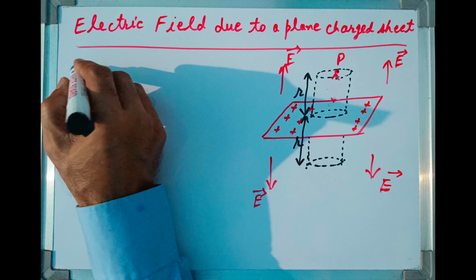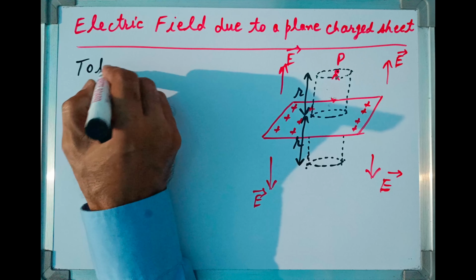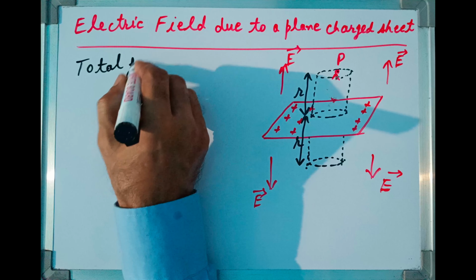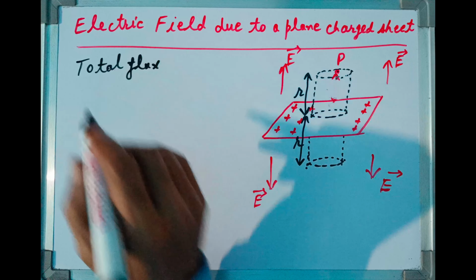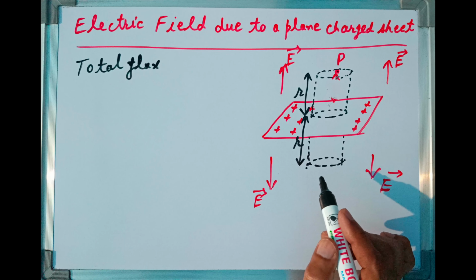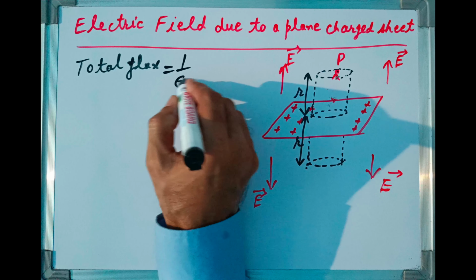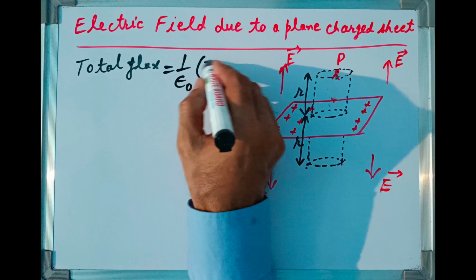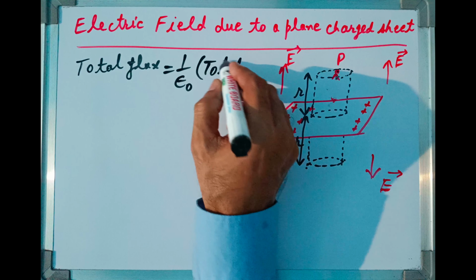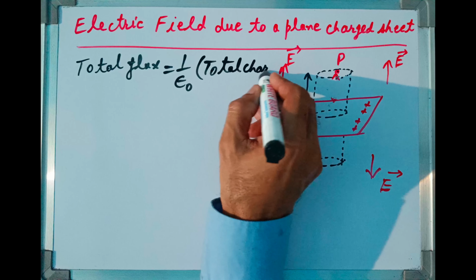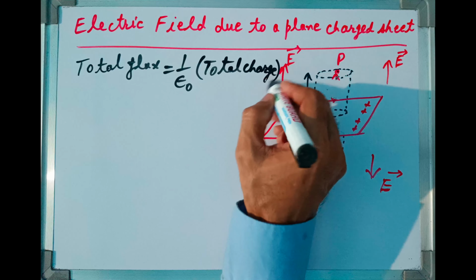Gauss law says total flux linked with this closed cylindrical surface is equal to 1 over epsilon naught times the total charge enclosed in the surface.